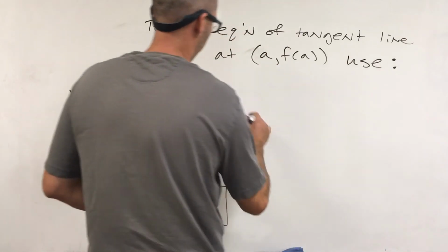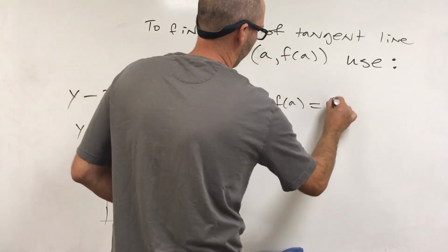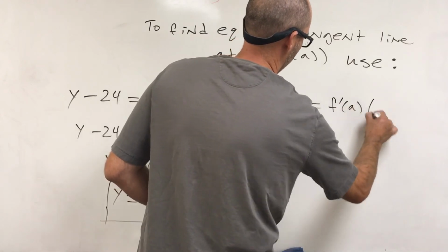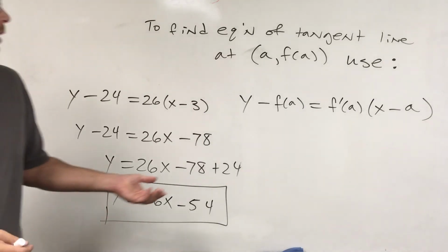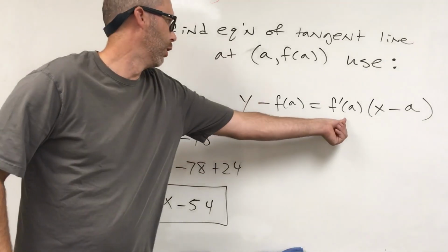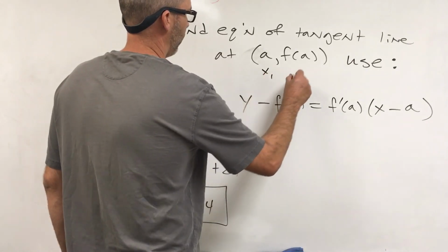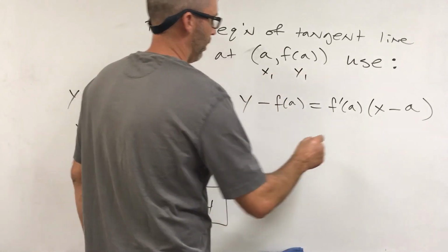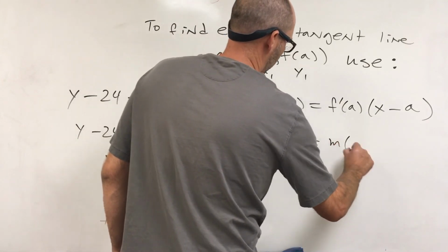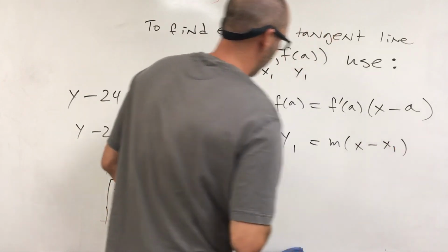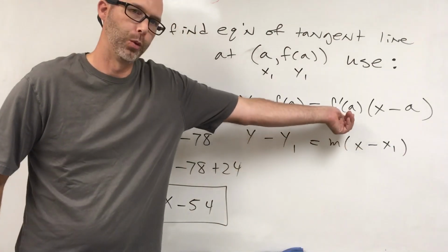Use y minus f of a equals f prime of a times x minus a. Okay, right, because this is the slope at a, that's m. This is your x1, y1. That is exactly point-slope form now with calculus.